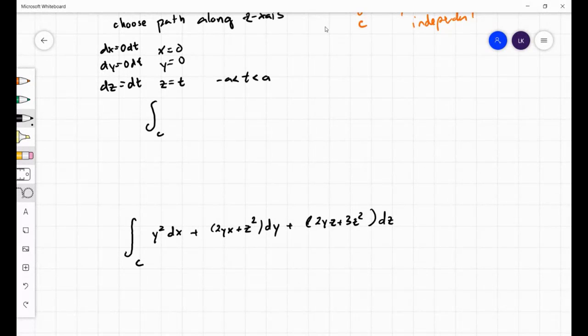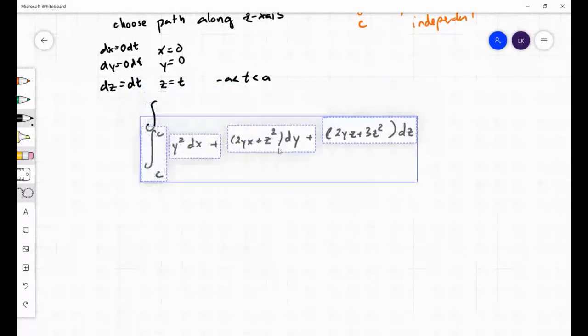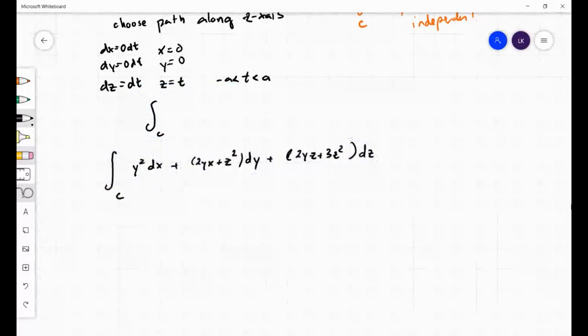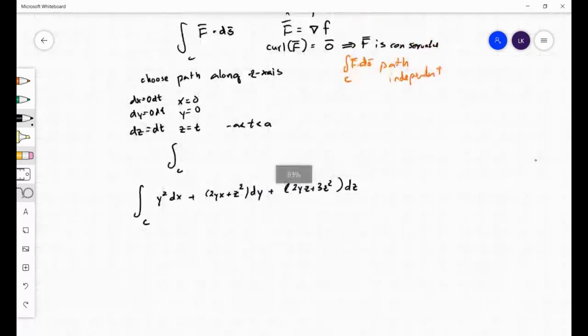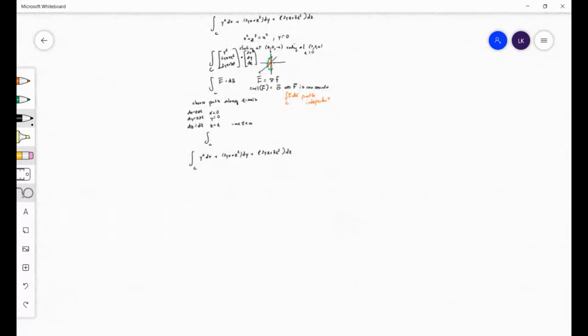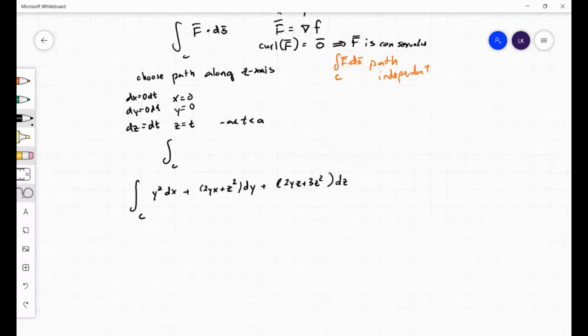Okay, you can take your integral, and because you realize the vector field is conservative, the work integral is path independent, and you can choose whatever path you want. So you can choose the simplest one, and I just chose the one along the z-axis.